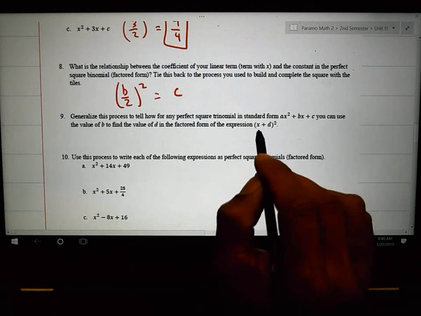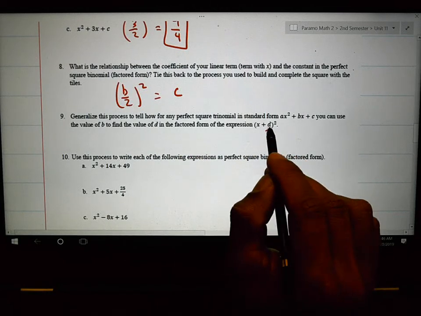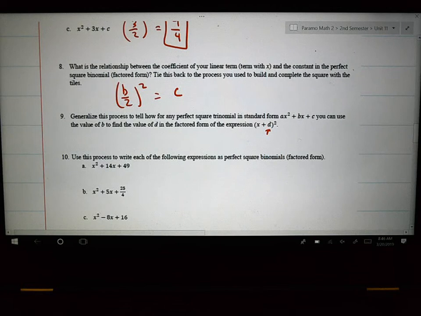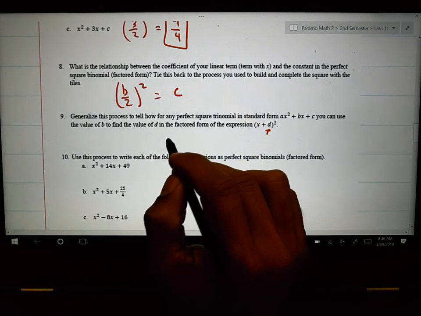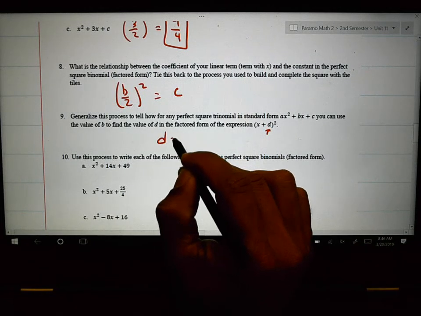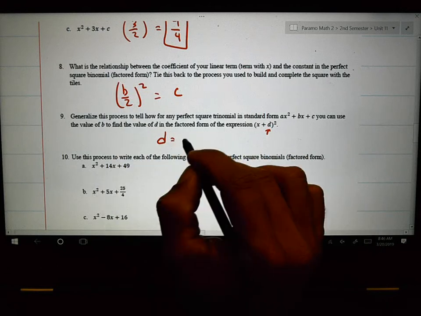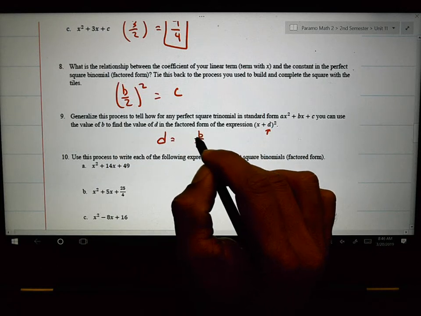The only issue is they say when you factor it, what's it going to be? So D, how are we going to figure out what D is? D is going to be half of B.